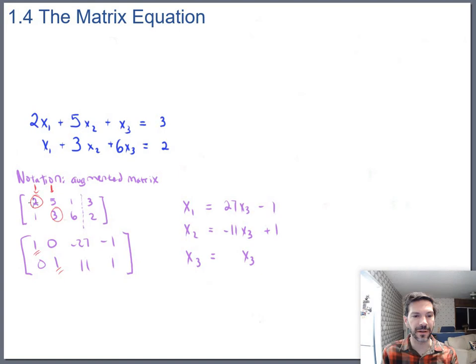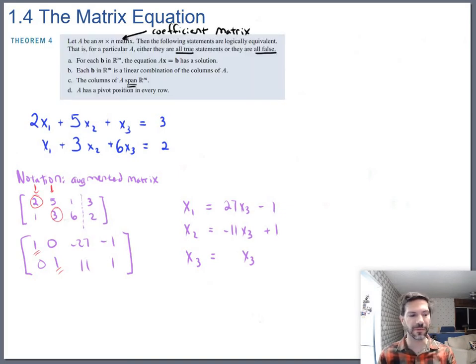The fact that there are pivots in each row means that we have solutions for x1 and x2, and that anything beyond that, any columns that are not pivot columns, are just free variables. So we had one free variable at x3. So the fact we had a pivot in each row means that there will be solutions. And matter of fact, let's step back and contemplate that just for a second.